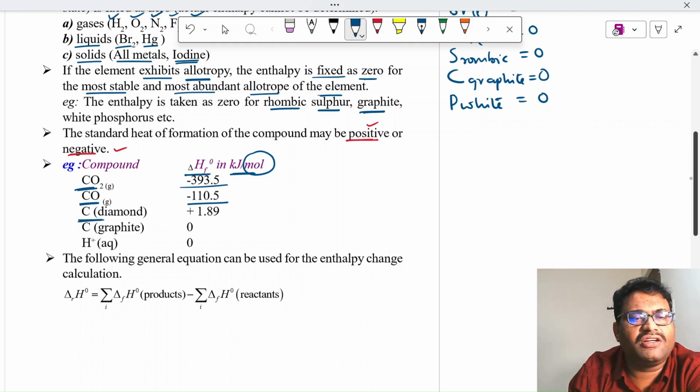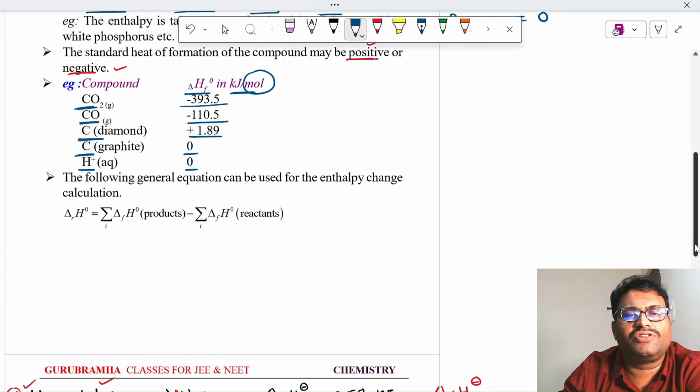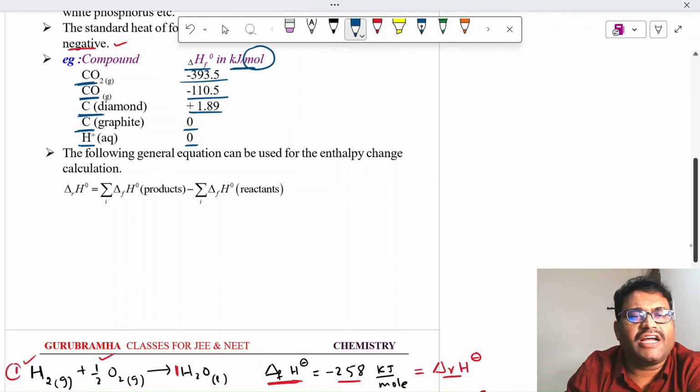Diamond is not the most stable one. Graphite is the most stable one, so it is 0. But for diamond it is plus 1.89 kilojoule per mole. H plus in aqueous form is the most stable, so 0.